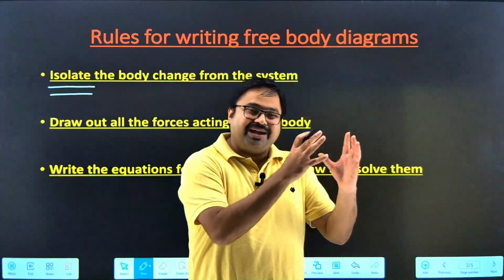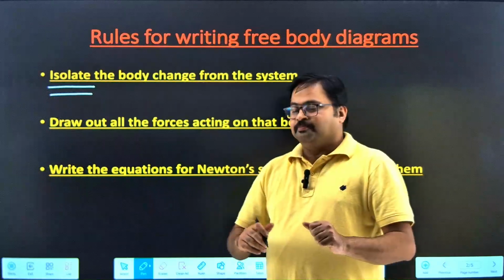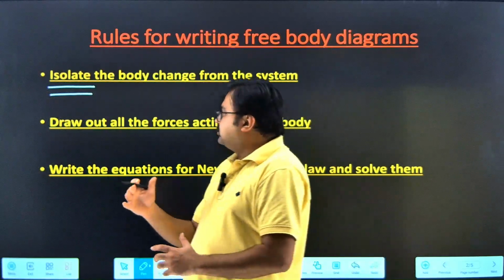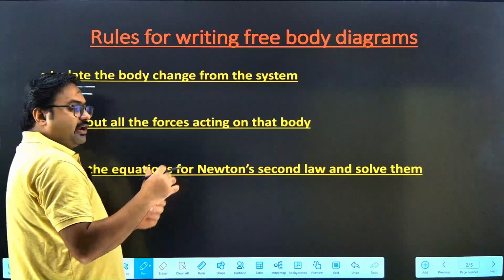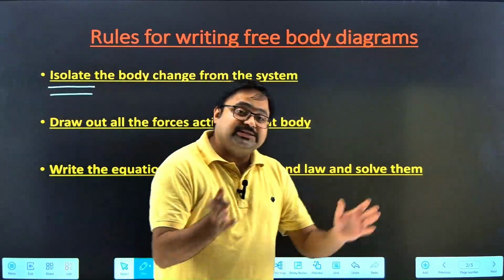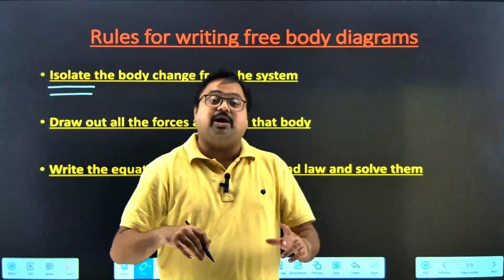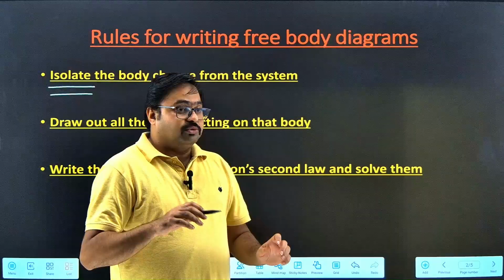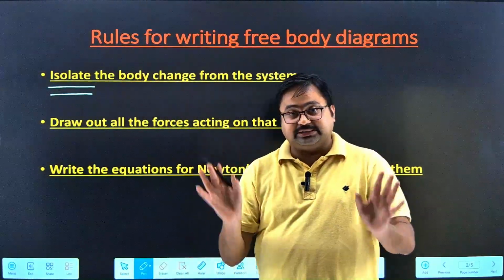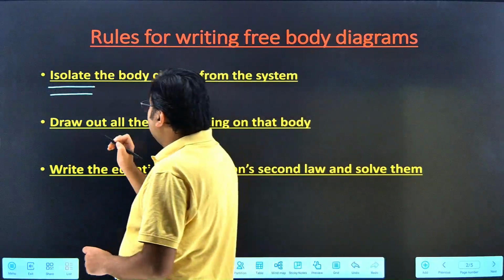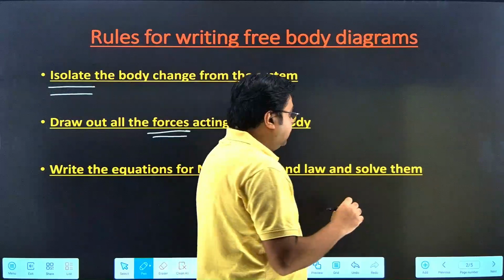What I mean by all of this will be demonstrated in a while, but I want you to concentrate on the rules right now. So you need to isolate the body. Forget the forces that the body is applying on the system. You should only look at the forces that are acting on the body. So that is immaterial. We will jot down all the forces that are acting on the body, right?